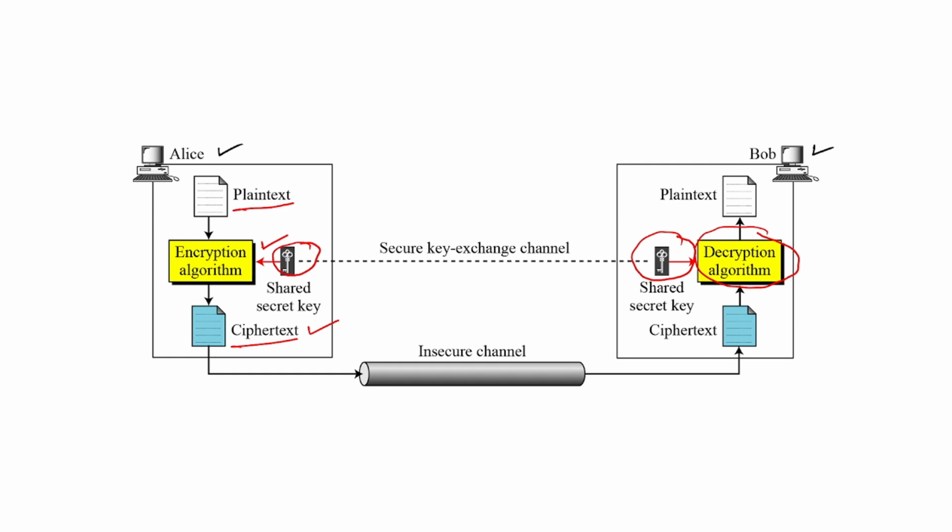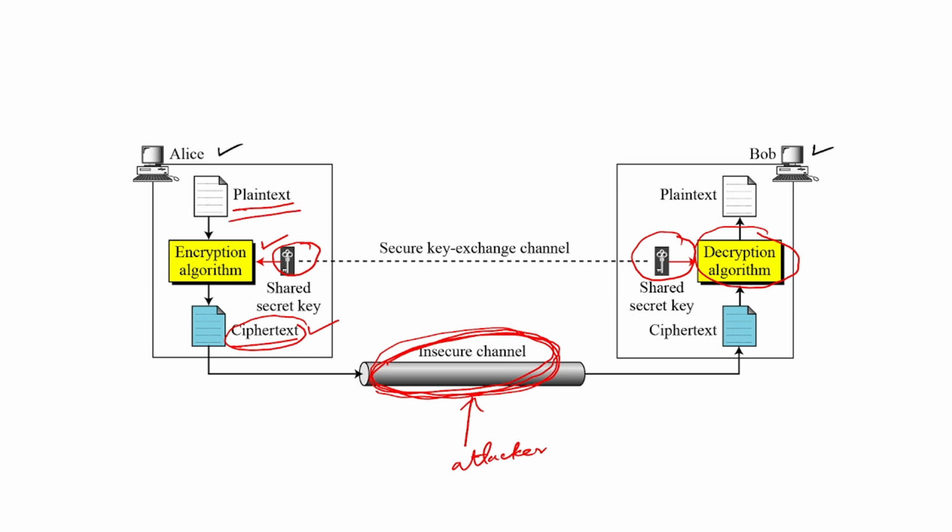This is the insecure channel, which is why we are providing security to the message. The attacker can intercept whatever messages are carried in the channel, so we encrypt them into an unreadable format and thereby protect the data.